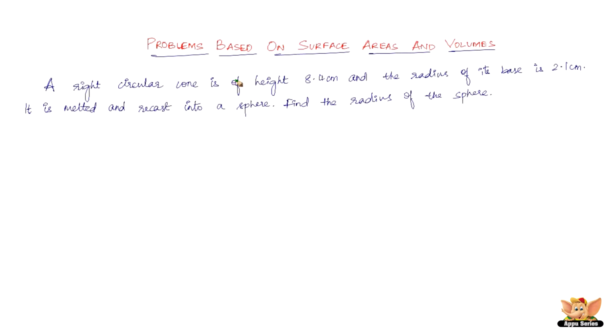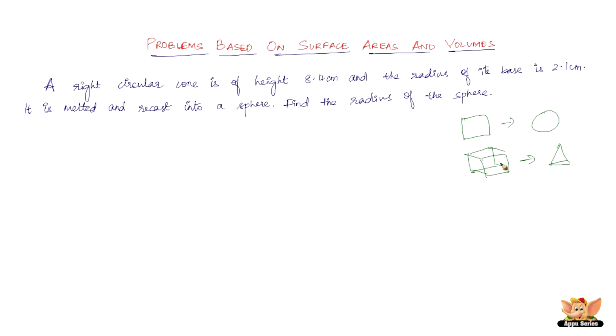See, when you change something, say a cube into a sphere, or a cuboid or a cube into a cone, the one thing that is sure is that the volume is the same. You're not taking away any of the material used in this cube, and you're not adding any to make this cone.